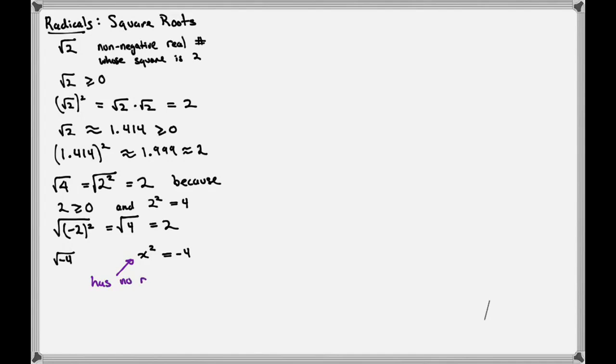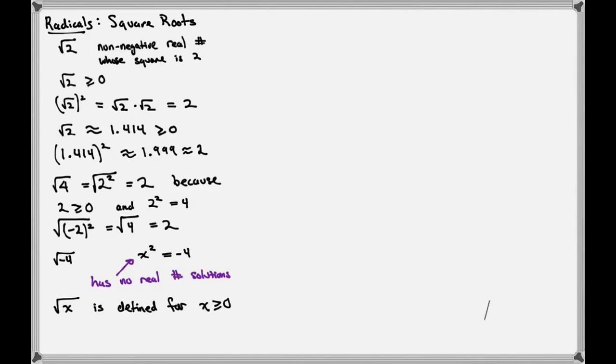So this equation here has no real number solutions, which means the square root of minus 4 can't possibly be defined. Has no meaning at this point. There's no real number whose square is negative 4. As a result, the square root of x is defined only for x greater than or equal to 0.